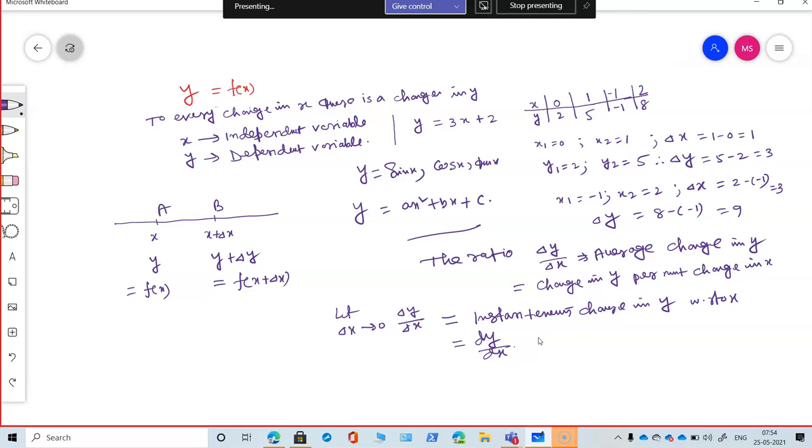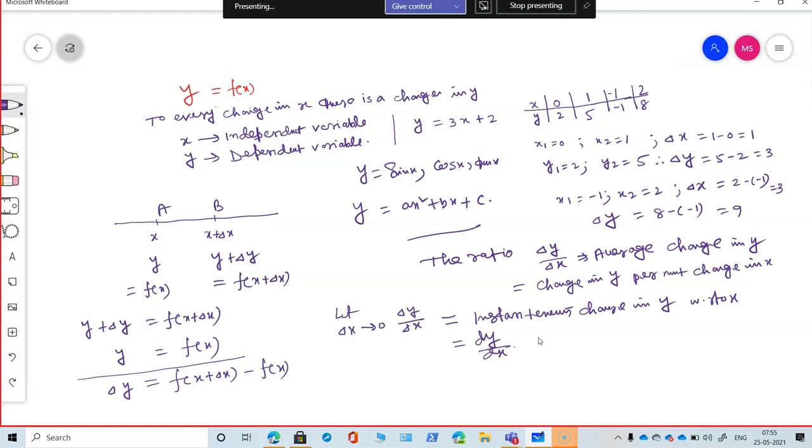Y plus delta y equal to f of x plus delta x. Y is what? f of x. So if you subtract, delta y is going to be f of x plus delta x minus f of x.